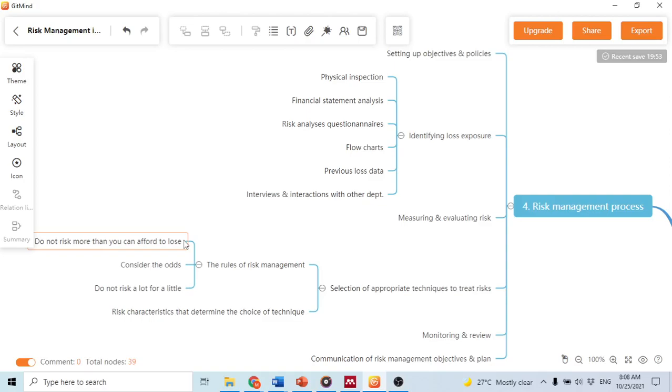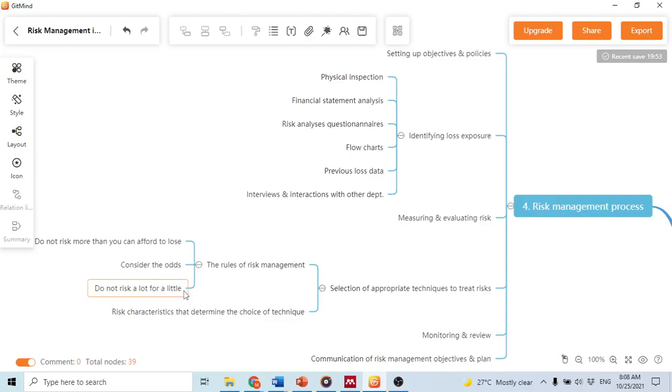And then the last rule of risk management is, do not risk a lot for a little. It indicates that there should be a reasonable relationship between the cost of transferring risk and the value that accrues to the transferor. So it provides guidance in two directions. First, a risk should not be retained when the possible loss is large.